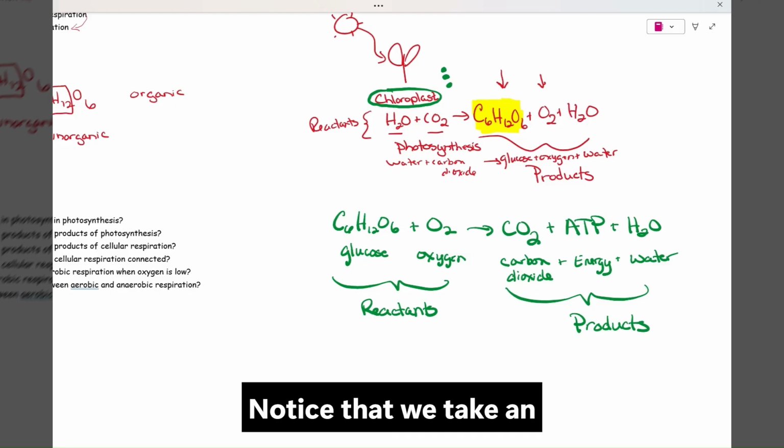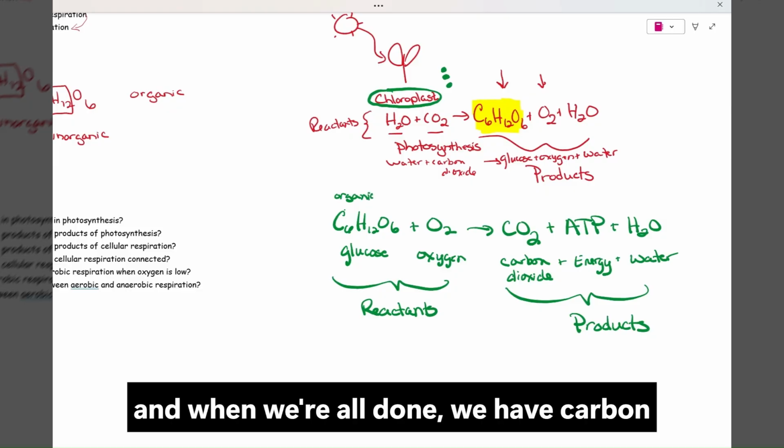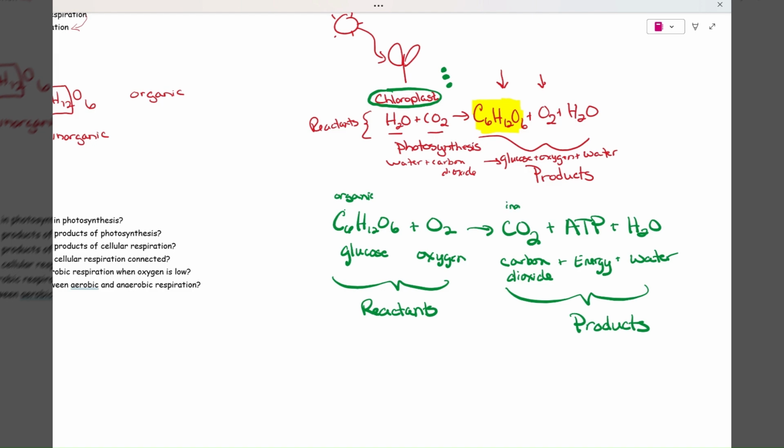Notice that we take an organic molecule and when we're all done, we have carbon dioxide, which is inorganic, and water, which is inorganic.